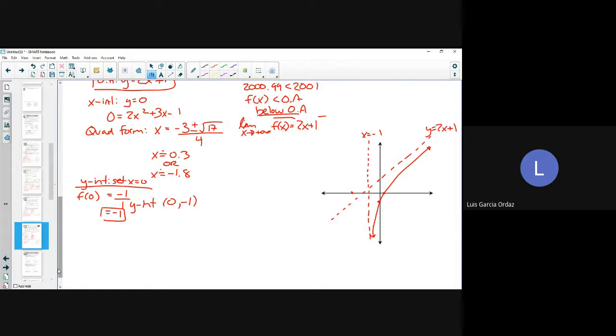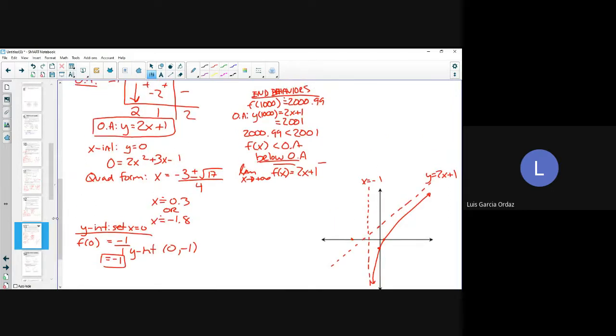And I need to figure out for my negative infinities. So let's try f at negative 1,000. That's going to give me negative 1,998. And now let's sub in for my oblique asymptote at y of negative 1,000. And that's going to give me negative 1,999.